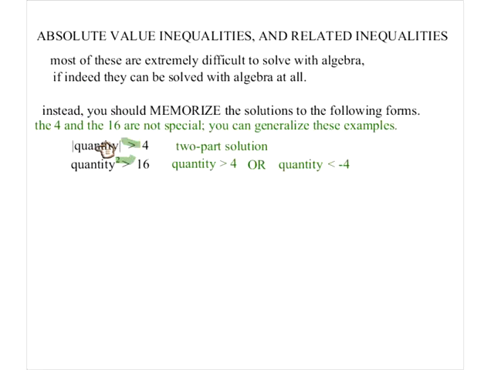Okay, thinking about a number line may help here, because the absolute value is basically the size or magnitude of something. If you think about where all the numbers are whose magnitudes are bigger than 4, that's where they are. And by the way, this is actually the solution to both of these equations.